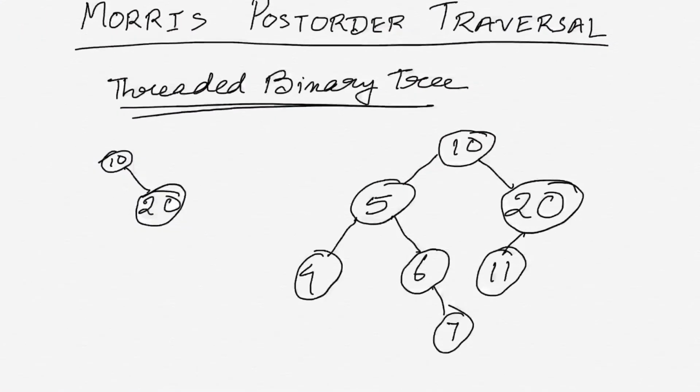In post-order, we know that we process the left subtree first, then we process the right subtree, and at the end we visit and process the root node. For this tree, we first visit and process the left subtree. Since it does not have a left subtree, we visit and process the right subtree. So we come to the node with value 20, and from there we do the same thing.